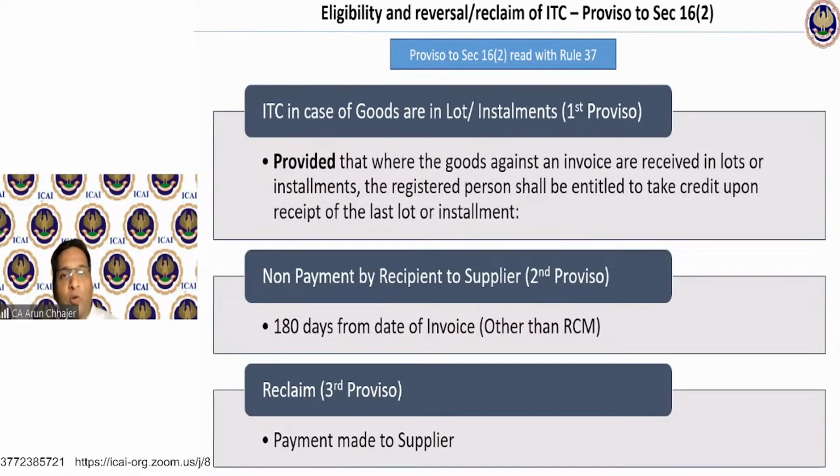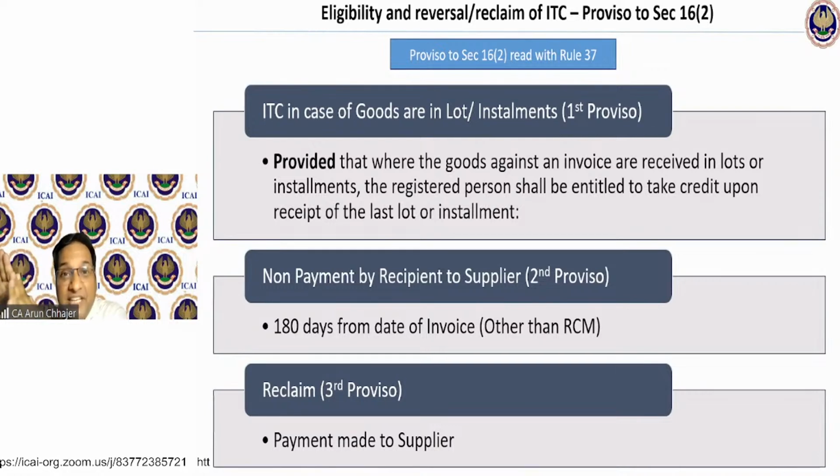We know that if the goods are received in lots, then we can take the ITC only when the last lot is received. But please note, this last lot condition is subject to the time limit of 16(4). You might say, sir, I have the tax invoice of March 24, but my last lot is received in December 24. Can I take the ITC in December 24? According to the proviso to 16(2), prima facie the answer would be yes.